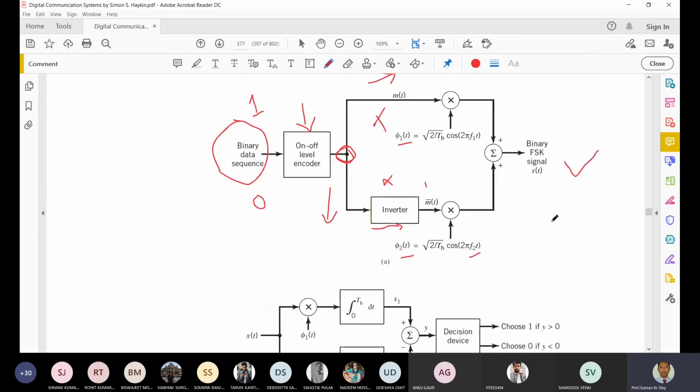If we write the expression for s(t): s(t) equals m(t) phi 1(t) plus m(t) bar phi 2(t). These two terms we are getting over there as s(t).